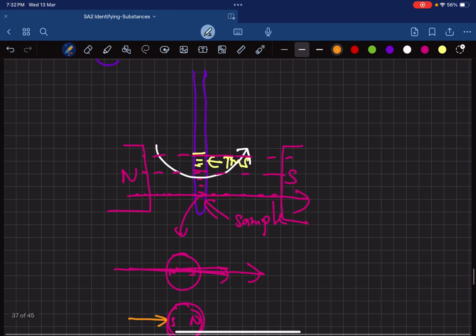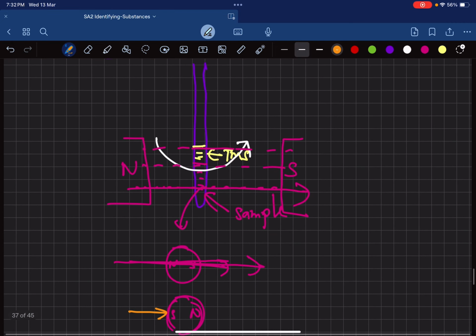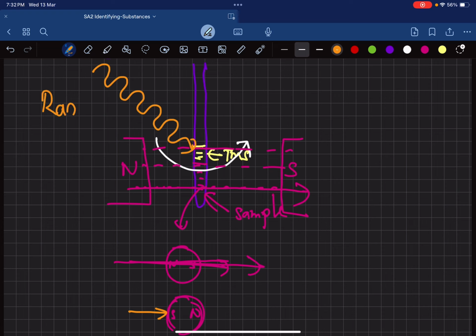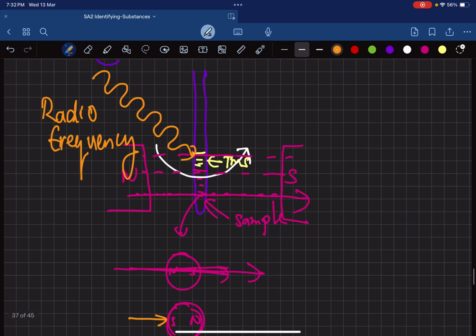So during this point, when all this is happening, what we do is we send in radio frequency. So when we send radio frequency, these magnets I told you just now will start flipping back and forth.